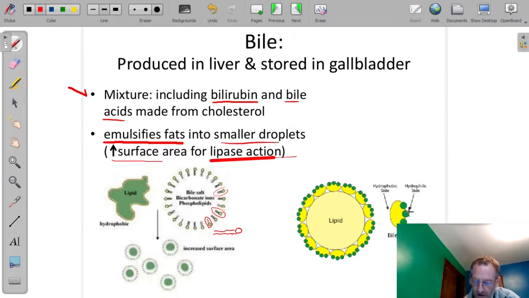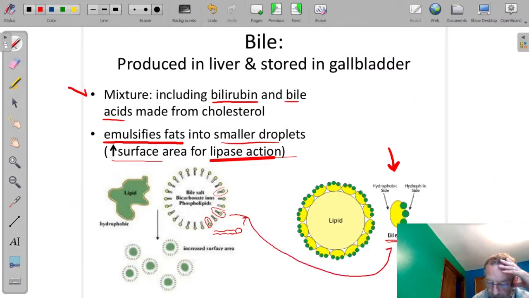So let's go over to the right side, the right lower figure, where an artist just drew it a little bit differently. And what they've drawn is one bile acid or one bile salt, one of these little guys, is what they're drawing over here, just a different way of showing that.